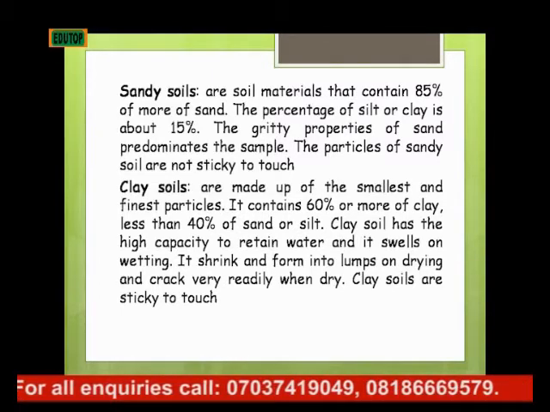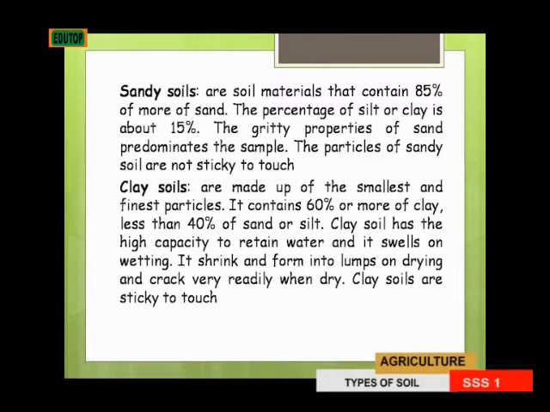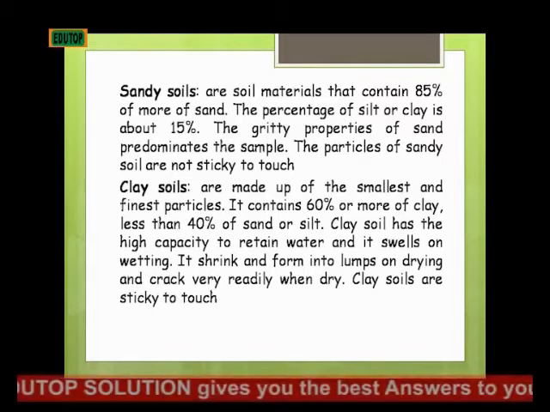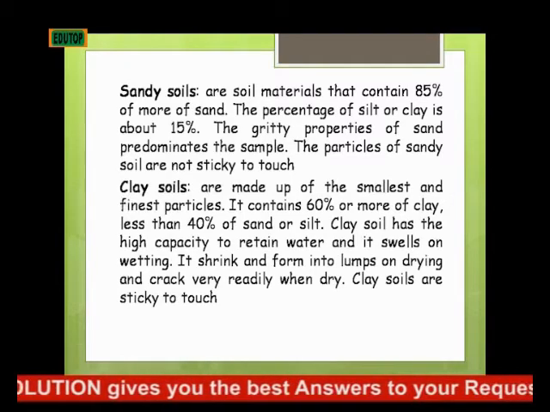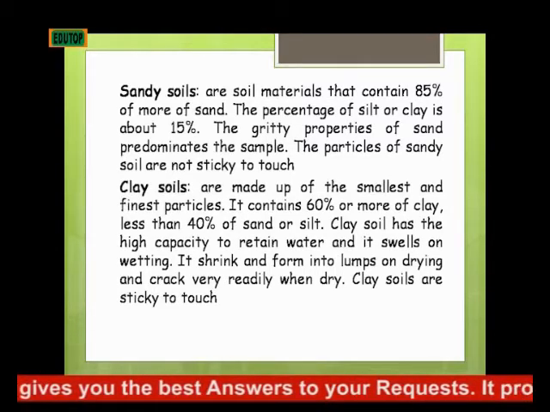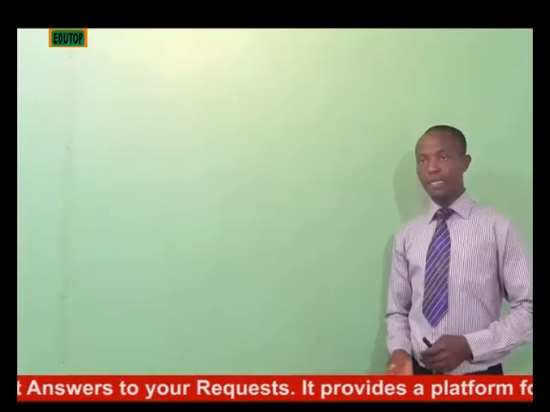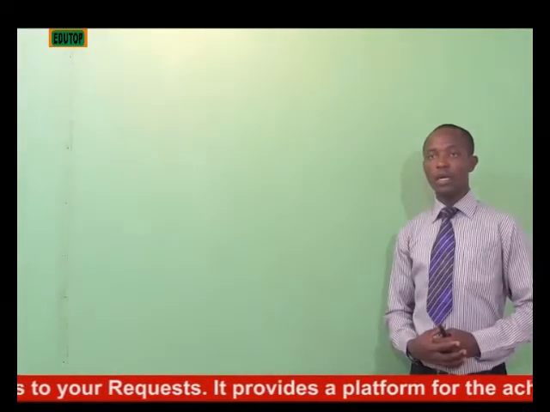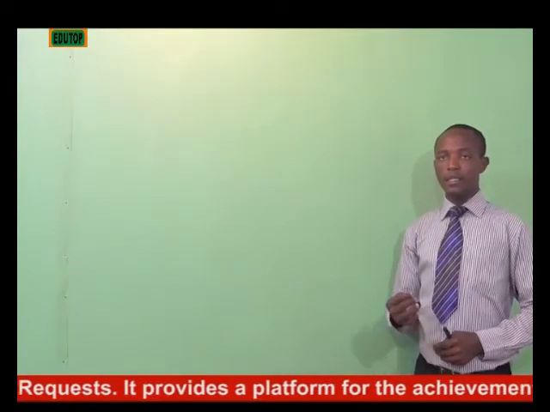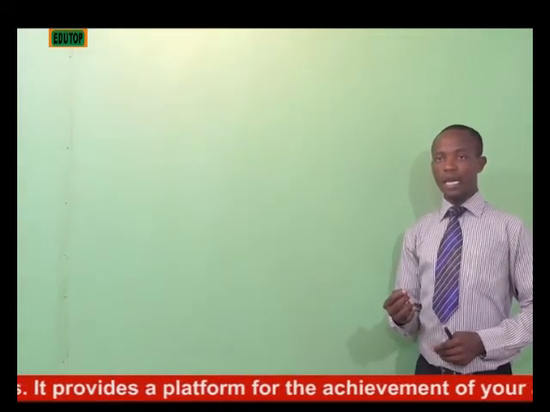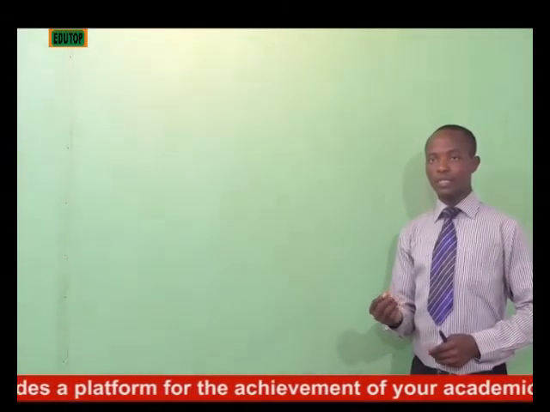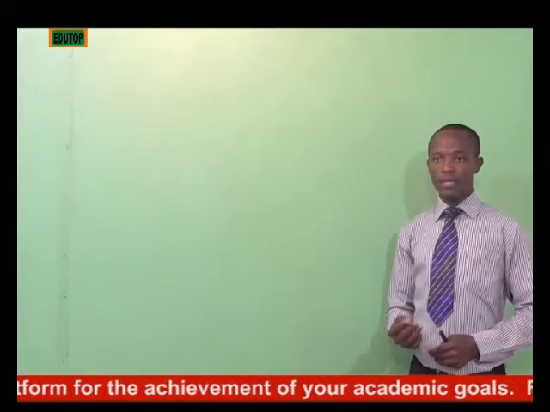That is, before we can categorize a sample as sandy soil, it must contain 85% of sand, while the remaining 15% could be other materials, either clay or silt or loam. And we know that sandy soils are gritty to feel, that is, they are not smooth.